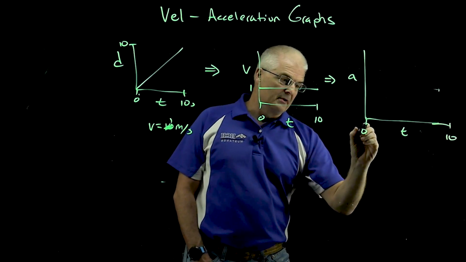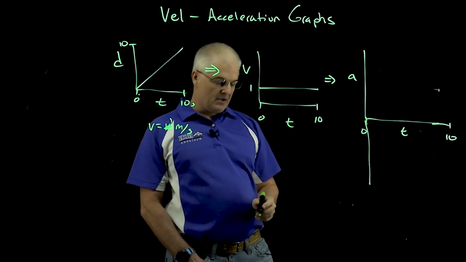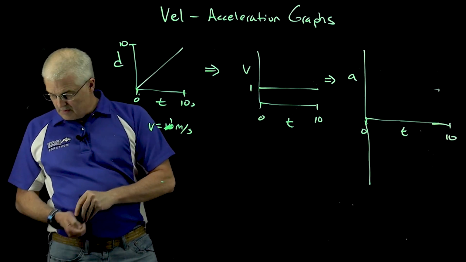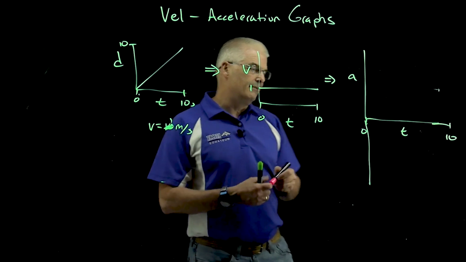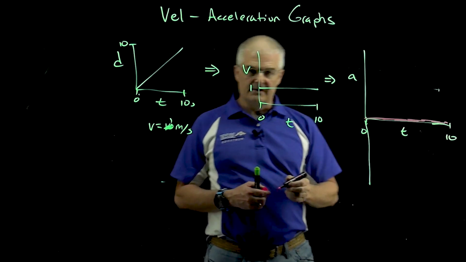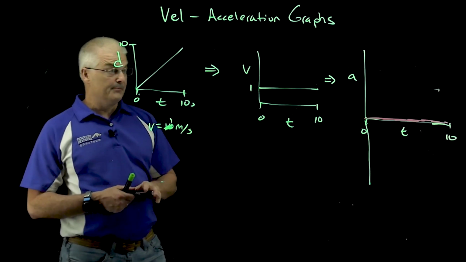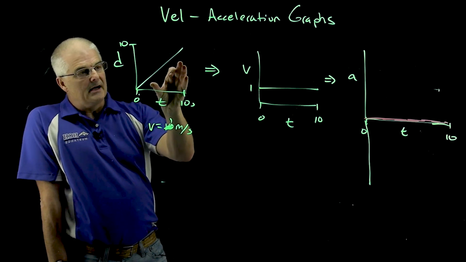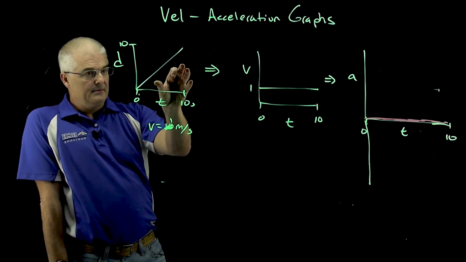And actually, let me make a note here. When you draw AT graphs, they tend to often have negative values. So this is the acceleration time graph. It's 0 the entire time. Now that's an easy case where we have what we would call a constant velocity system.